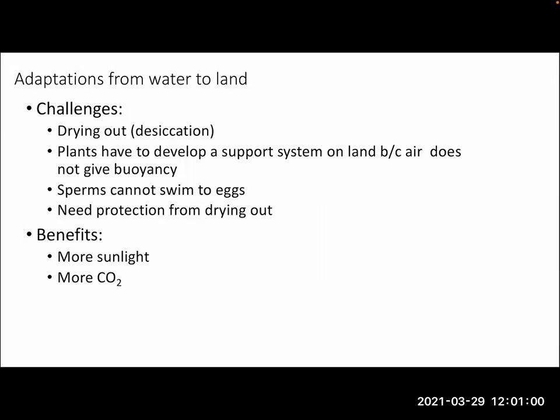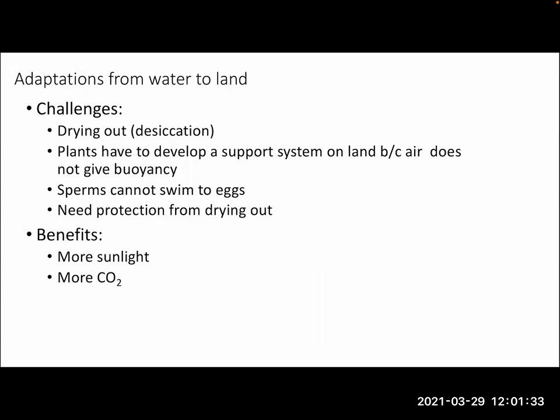And what that means is that as you get into these terrestrial environments, you now have to figure out how you can reproduce without your sperm constantly relying on a water source to swim to and fertilize the eggs. And then you also have to find ways to prevent your eggs and sperm from drying out. Again, which is a big problem because you're not 100% tied to the soil or to the water.